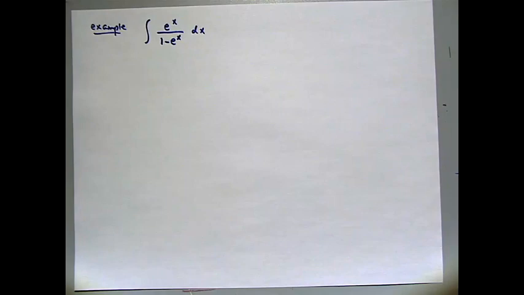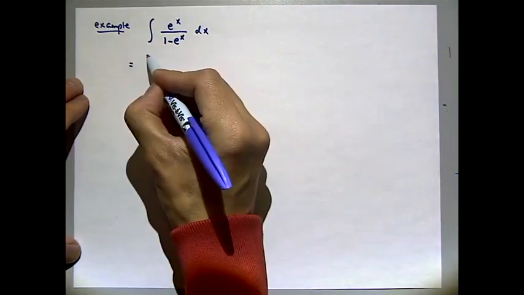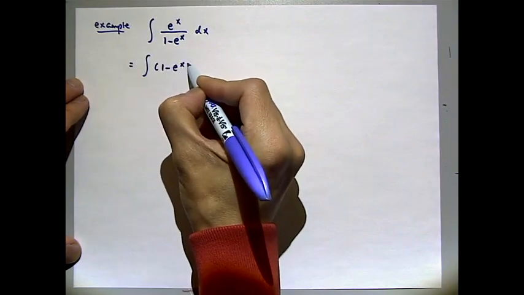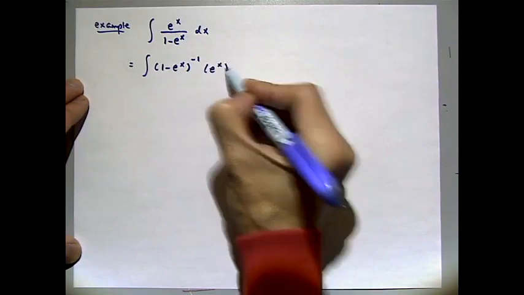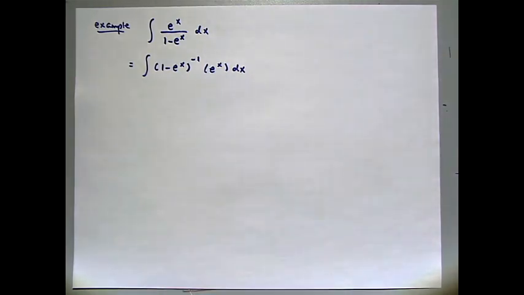E to the x over 1 minus e to the x. And again, rewrite these in terms of products. It can help you identify u.